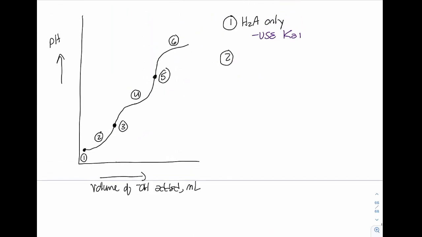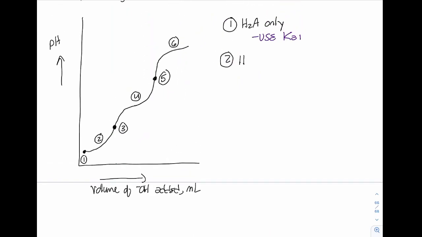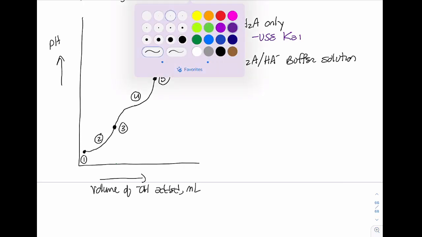So at point number 2, we have an H2A, HA minus buffer solution. You can use the Henderson-Hasselbalch equation if you want to solve it. The pKa that you plug in would be pKa1.